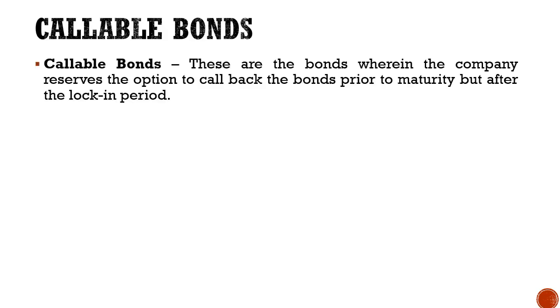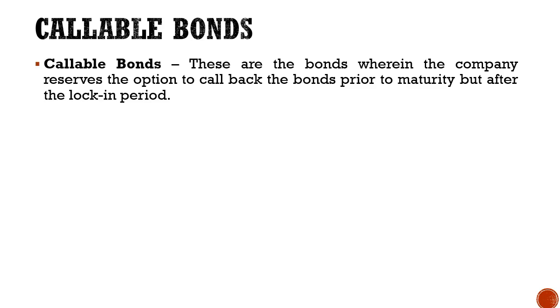The next type we have is the callable bonds. Now this is a very important one. Callable bonds are the bonds wherein the company reserves the option to call back the bonds prior to the maturity but after the lock-in period.